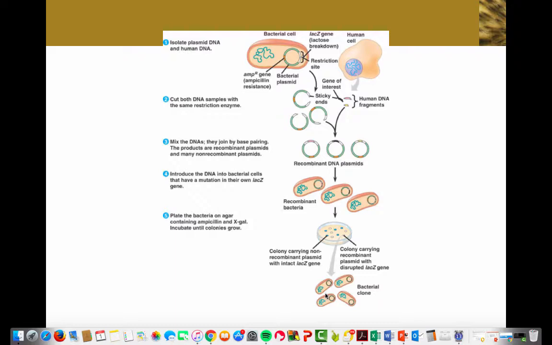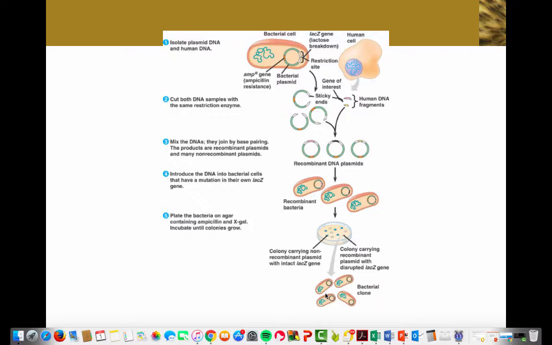And then essentially what you'll do is, how can you tell if it's this particular one here? Well, pretty much that guy, you will make it so there's another selection. And in here, the ones that are actually incorporating this gene will be the white colonies, and the ones that don't will be the blue.